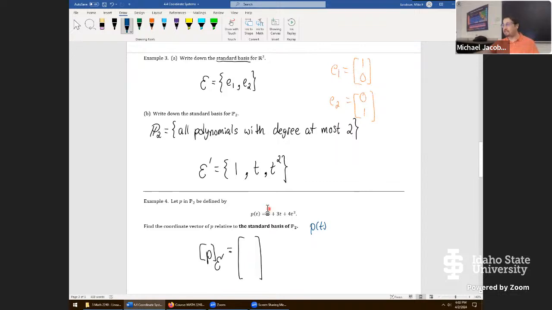So first, to get the 1 right here, you have to take a constant and multiply it by the first basis vector, which is that function right there, the constant function, which is 1. Then next you would go plus. To get 3t, well, we need to rescale t.